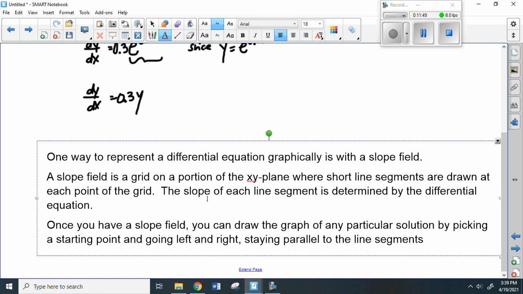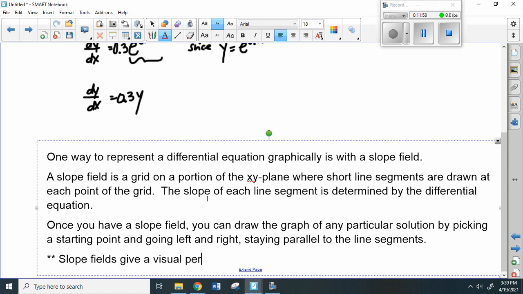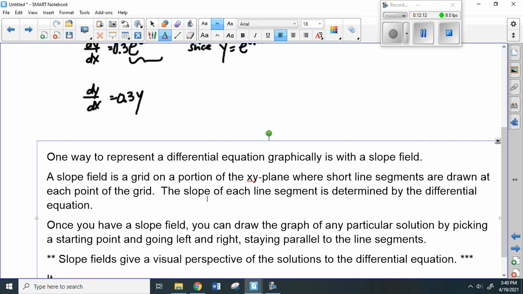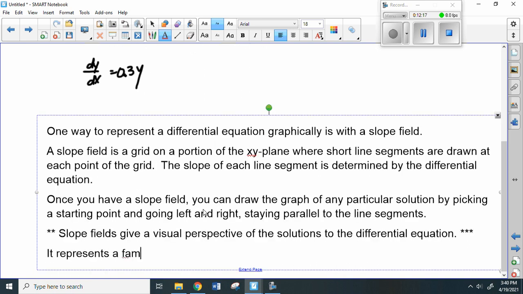I'll explain all of that when we actually look at one. But the main idea here is that slope fields give a visual perspective of the solutions to the differential equation, and it represents a family of curves, or a family of solutions.